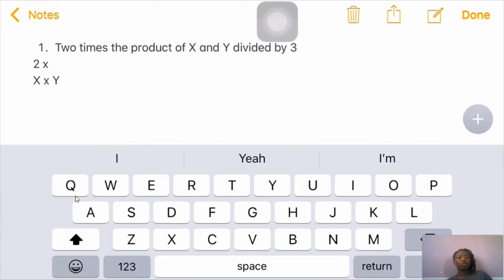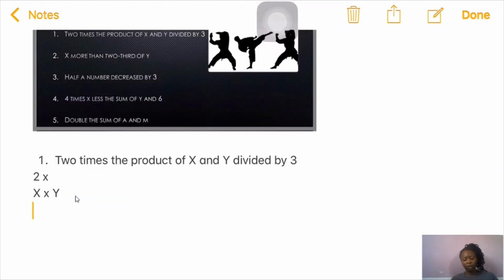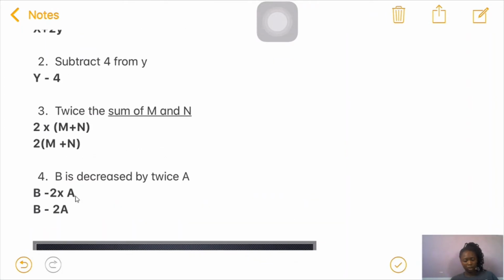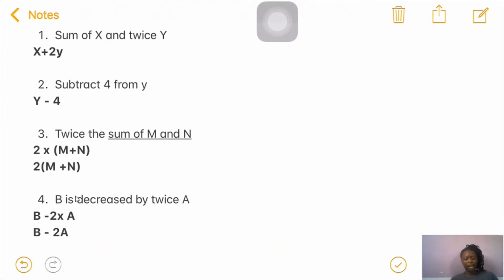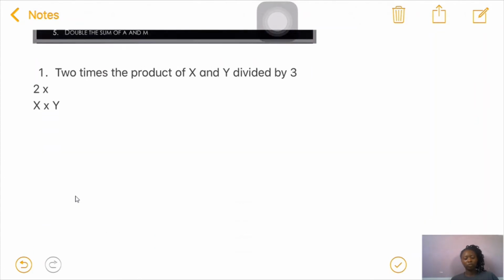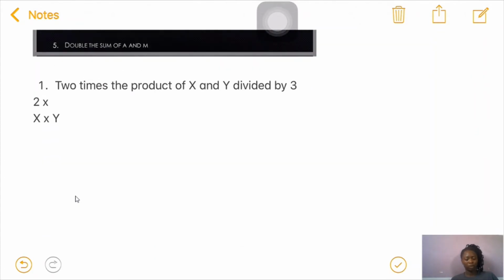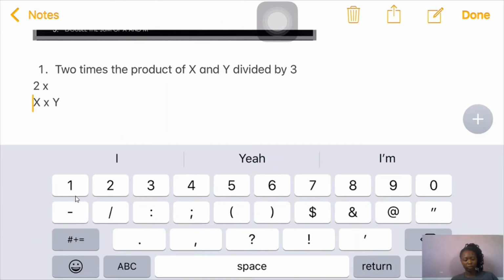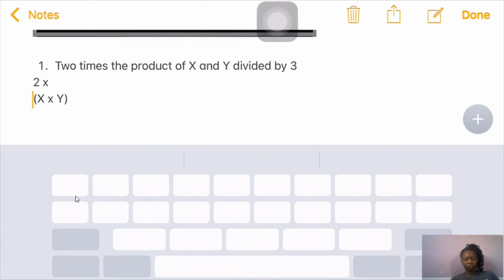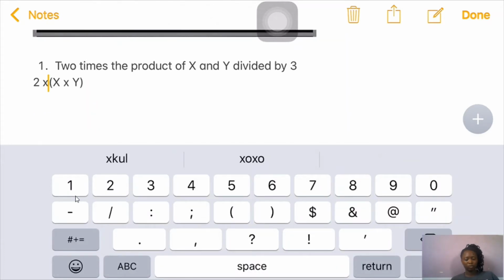So it's similar to the previous one we did, which says twice the sum of m and n. So this now is the product of x and y. We just have to put it into bracket because 2 is multiplying the product of x and y. So we can now arrange it.